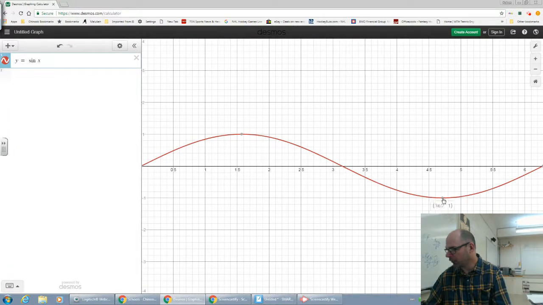They just do it for these two here. Oh, sorry, 3 pi over 2 is the minimum. This one here is 180, which would just be pi, 3.14 right in there. But they don't want to really put the pi in there for that one for some reason. I don't know why. And this one would be 2 pi. Okay, so that is a radian graph.